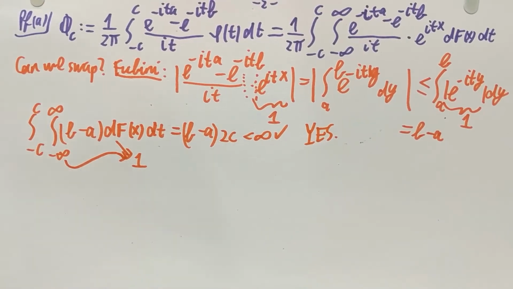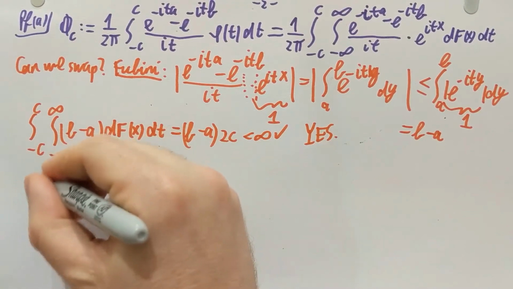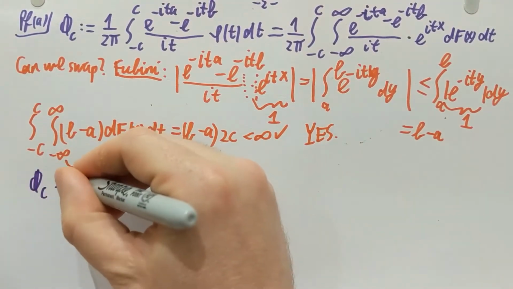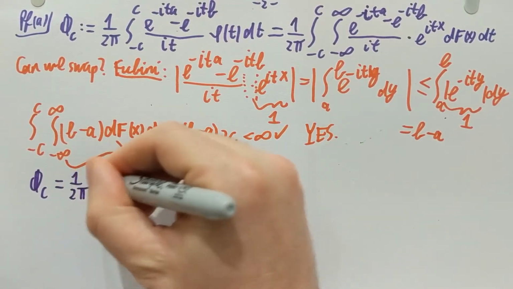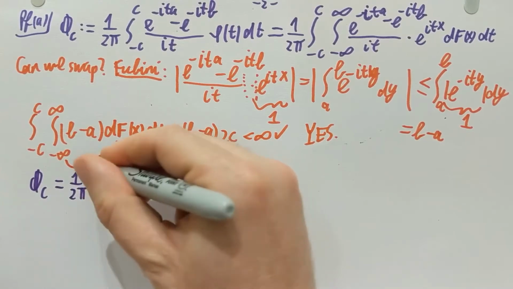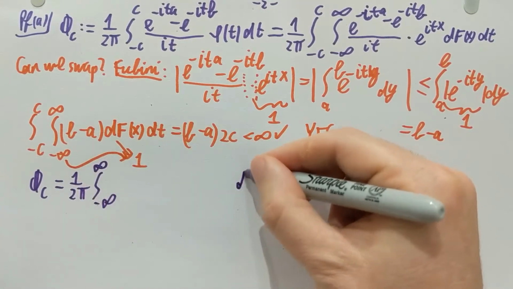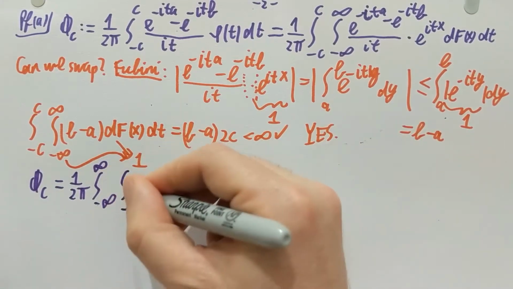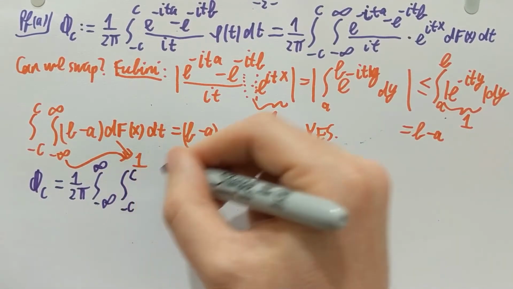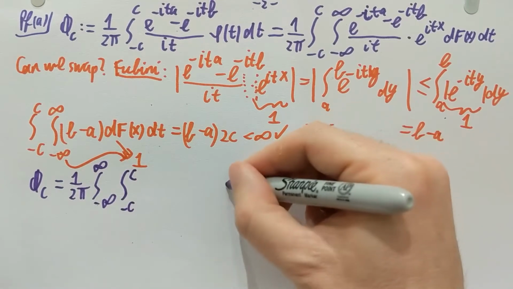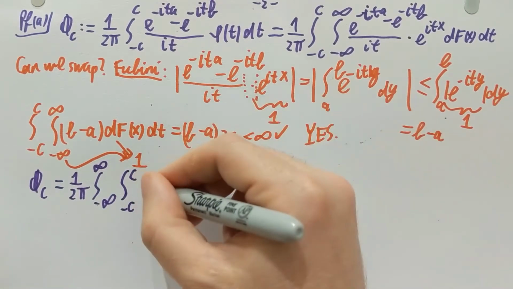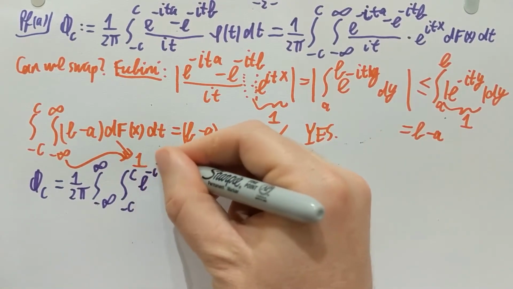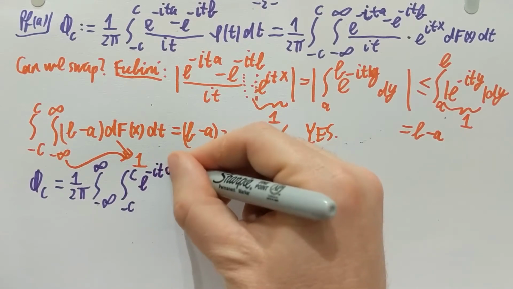Okay, so let's then do that, and let's then conclude that phi of c is 1 over 2 pi, the integral from negative infinity to infinity with respect to F, and then the integral from minus c to c with respect to t of exponential of minus it a.